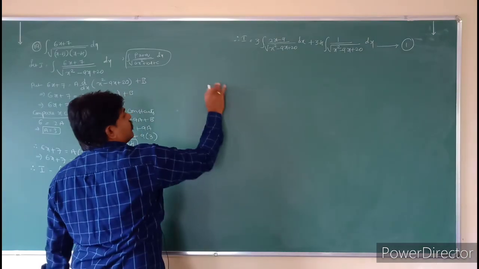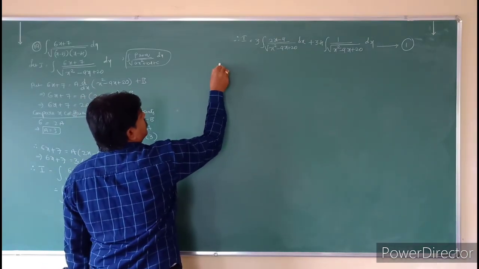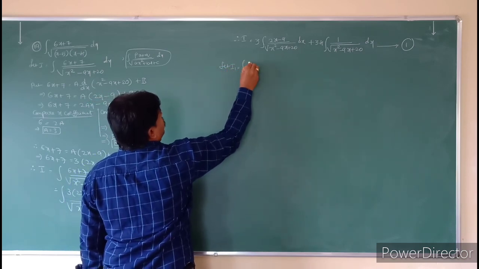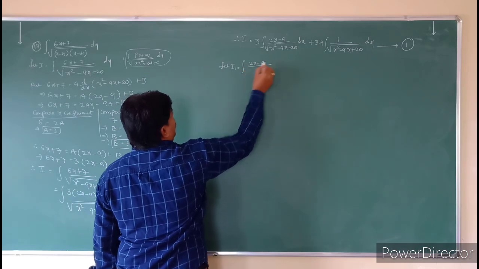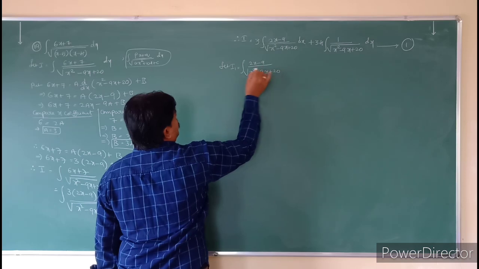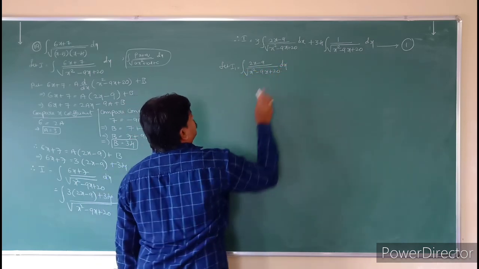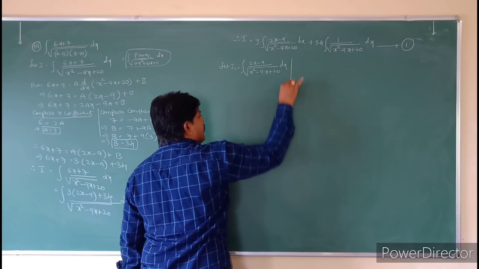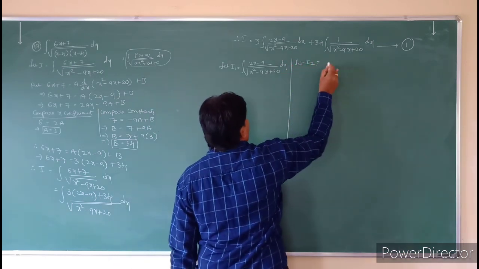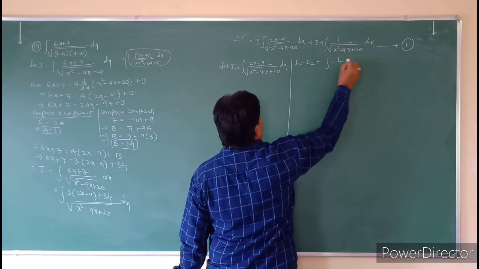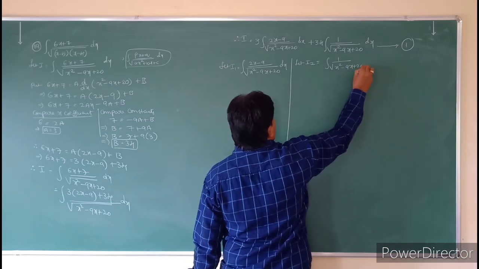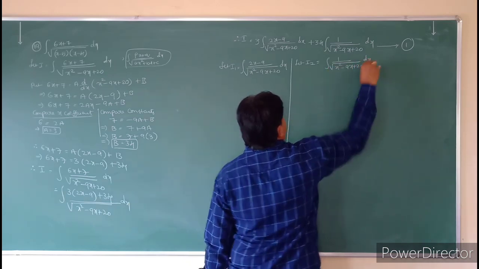So let I1 be equal to the integral of 2x minus 9 by root of x square minus 9x plus 20 into dx, and let I2 be equal to the integral of 1 by root of x square minus 9x plus 20 into dx.